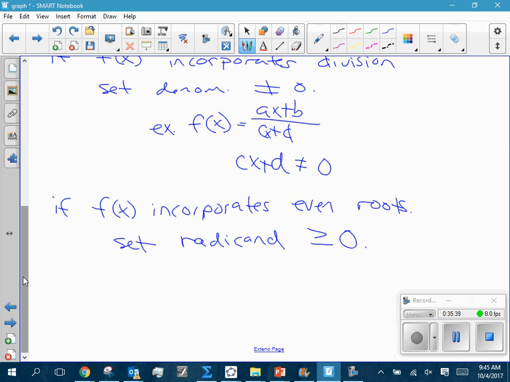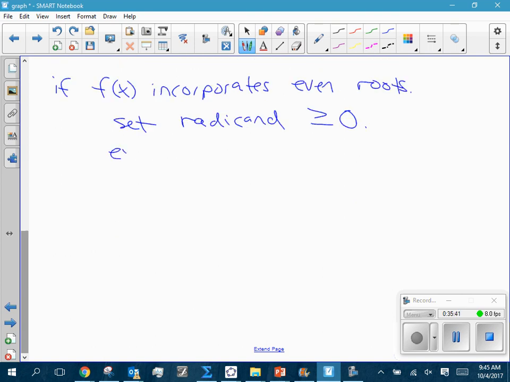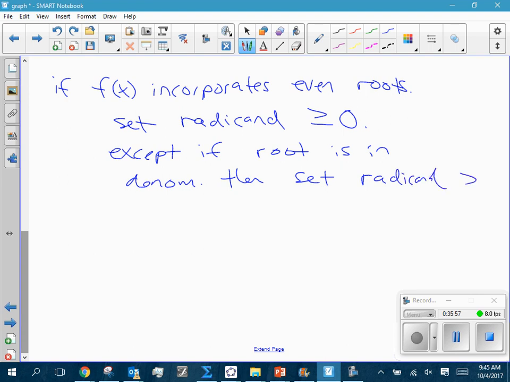Except if the root is in the denominator, then set the radicand greater than 0. Maybe an example of that would be f of x equals the square root of ax plus b.